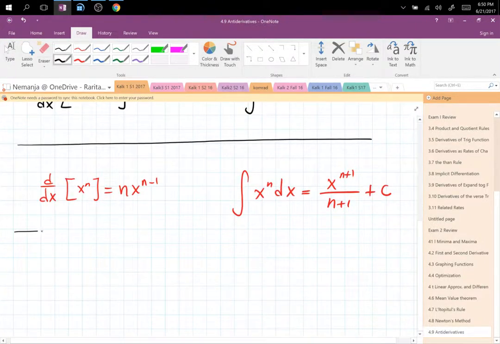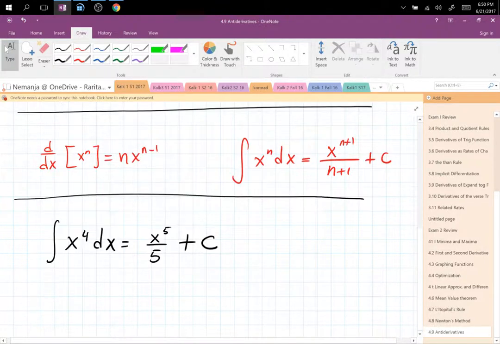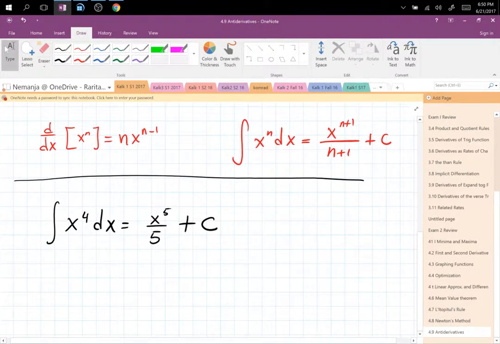So now let's do a whole bunch of these problems. What is the integral of x to the 4th dx? There you go. Yeah, -1. All right.